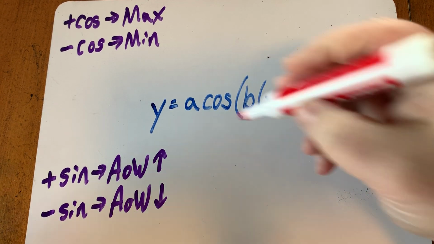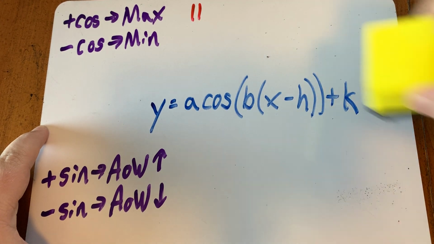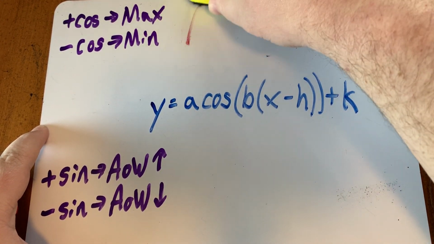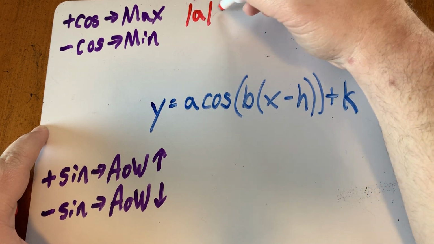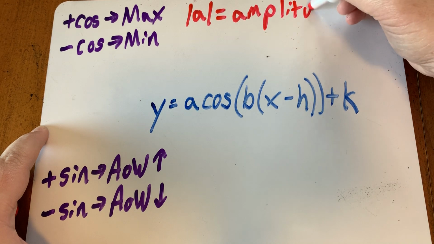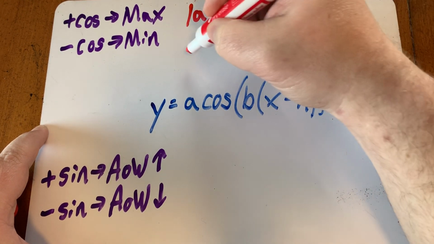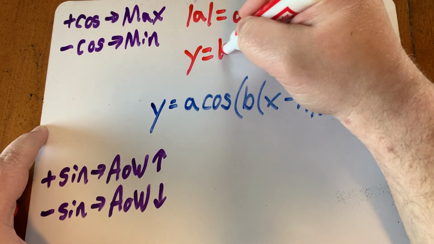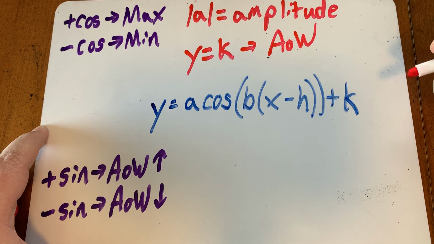What A tells us, just need one absolute value bar. The absolute value of A tells us our amplitude. And then K, y equals K, tells us our axis of the wave.